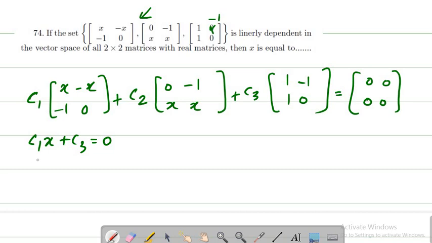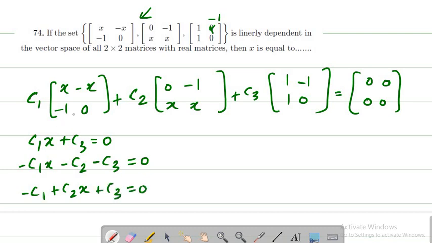Then I get minus c1x minus c2 minus c3 is 0. Then I get something like minus c1 plus c2x plus c3 is 0, and the last one I get is c2x is 0.